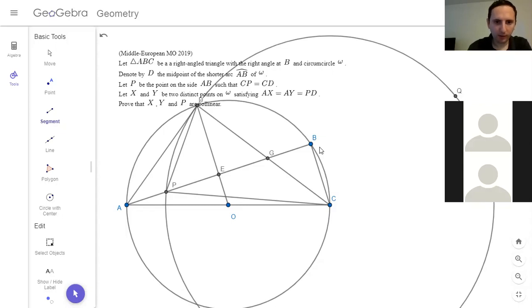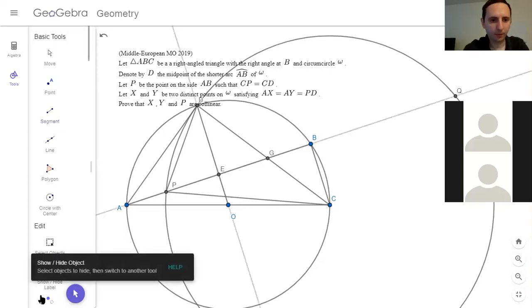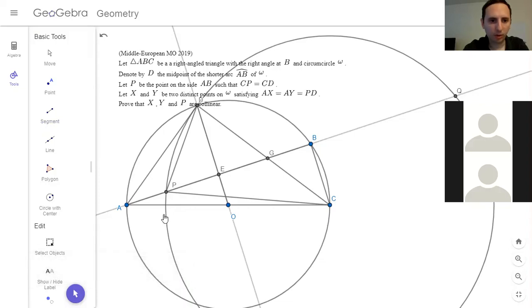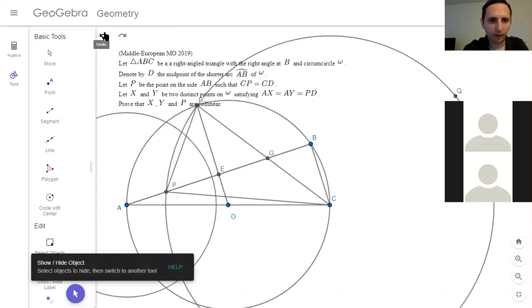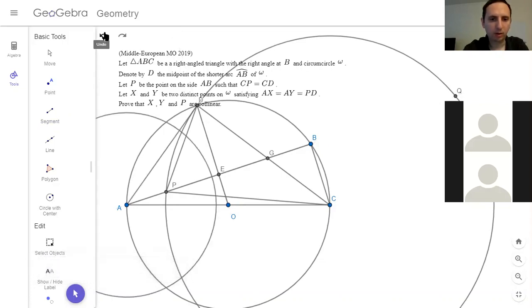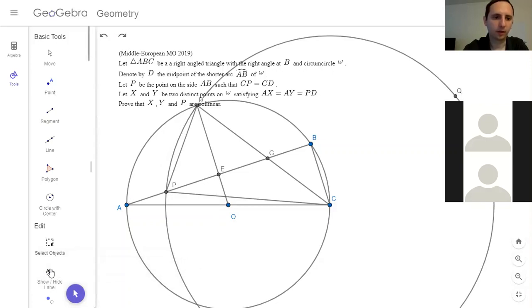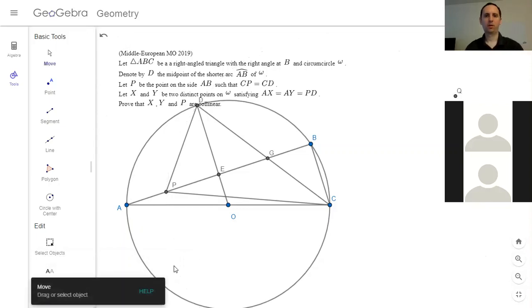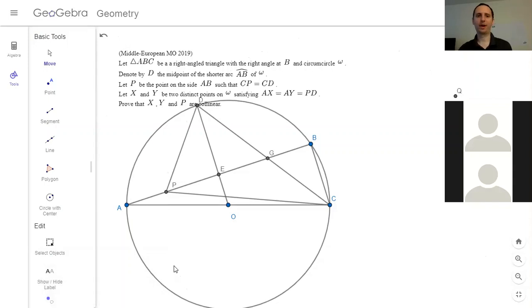P times PB is equal to... Oh, but wait, no, actually, what am I doing? Oh no, wait, I think maybe we do want points X and Y. Well, yeah, no, we don't need them. Any problem with a diagram this simple has to have a solution.